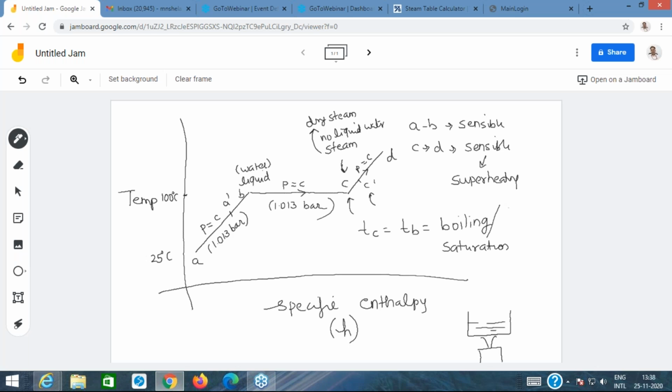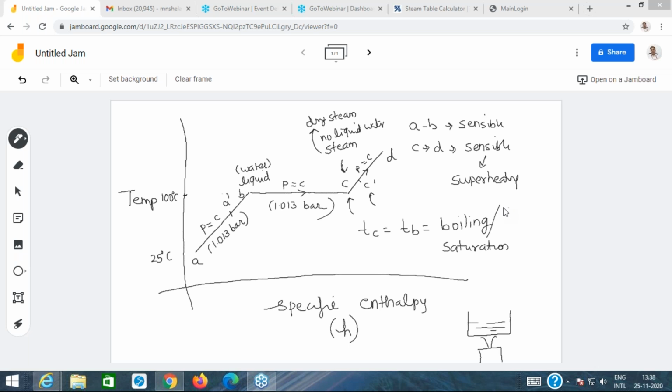What is the phase at A dash? What is the phase at B? What is the phase at A dash and what is the phase at B? Any answers?